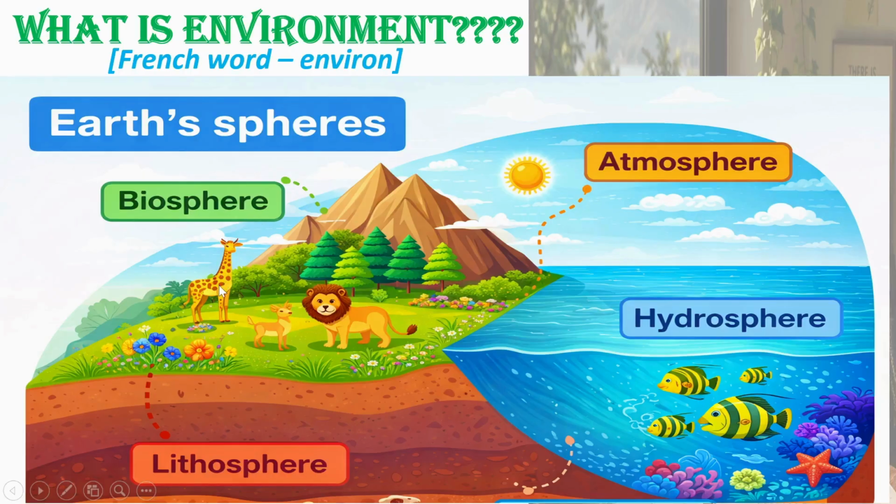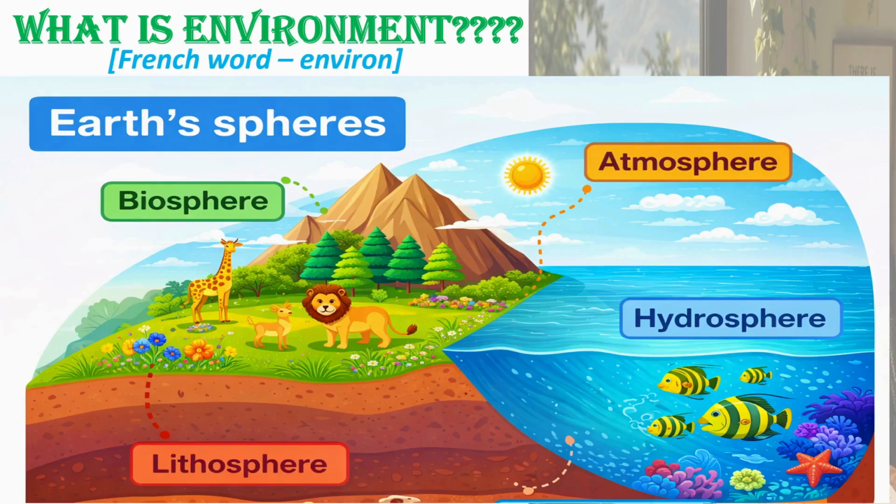The existence of biosphere is possible only if all these three layers are working or existing in a proper condition. So I can say all these four spheres are interconnected. They are not separate, they are interconnected.